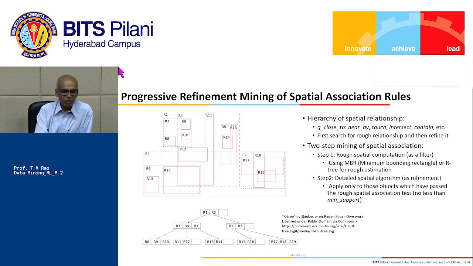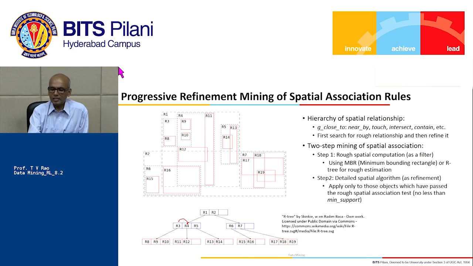For example, when we say that R1 is a rectangle which contains R3, R4, R5, you know that there is a greater chance of proximity between R3 and R4 compared to the R2 rectangle. R2 has R6 and R7. So it is likely that R3 is closer to R4 than to R6.